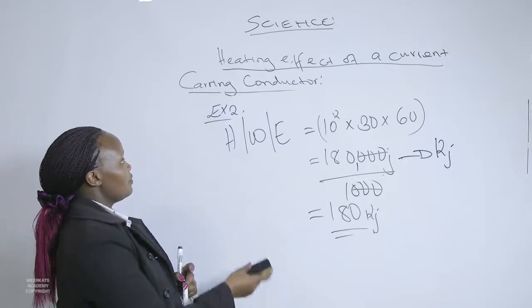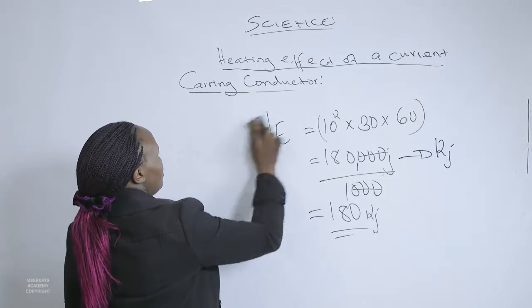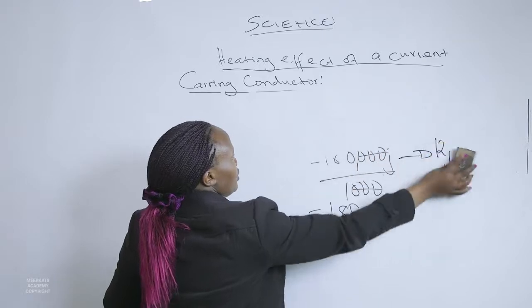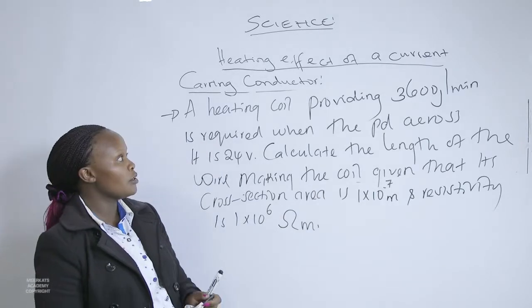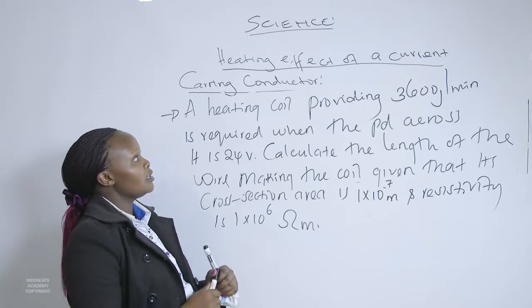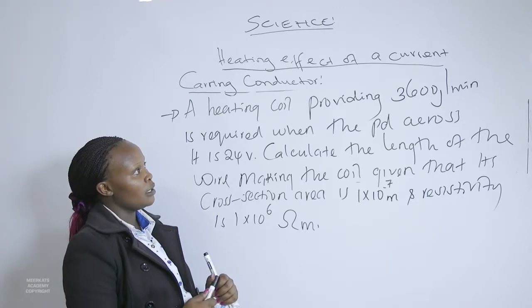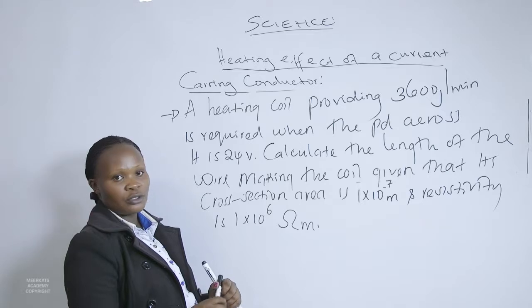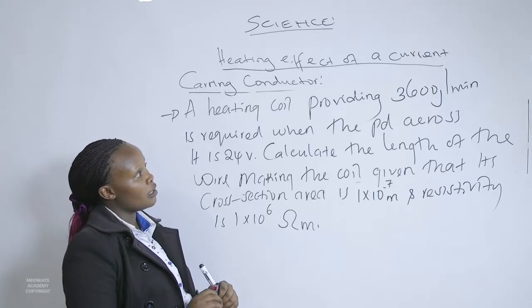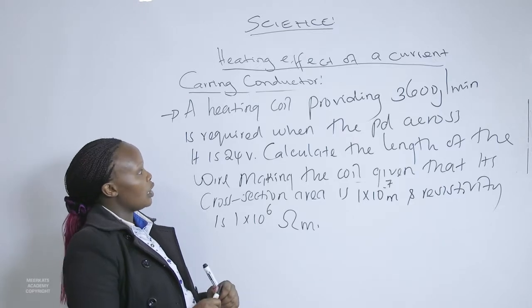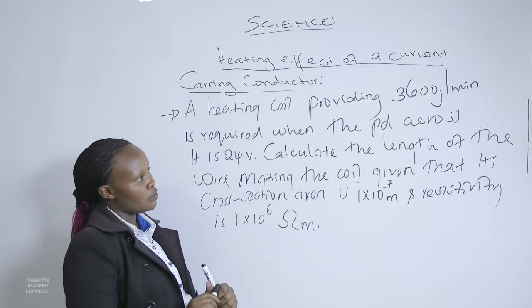Let us look at a final example. Now, the question reads, a heating coil providing 3,600 joules per minute is required when the potential difference across it is 24 volts.